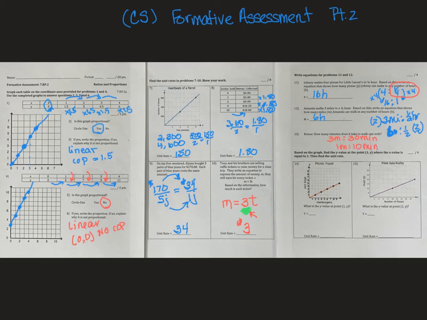And I also could write that as a proportion. I could say I have 30 to 3 miles, and this would be minutes. So if I want 1 mile, I'm dividing by 3, and I would get 10 minutes. So whichever way you feel comfortable doing, please feel comfortable using that way.